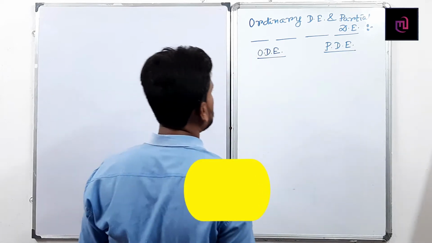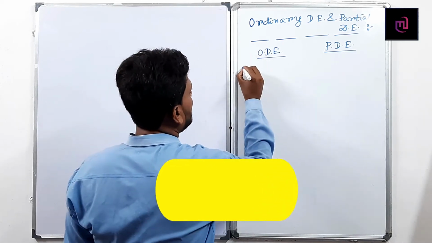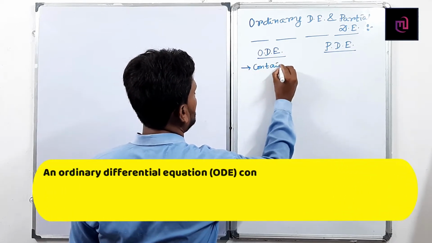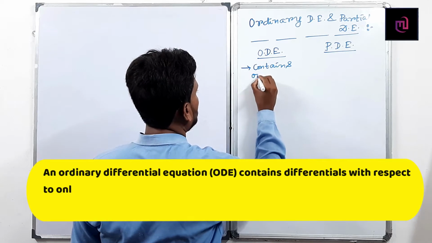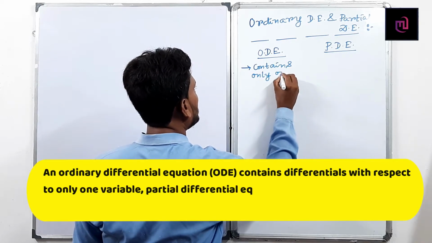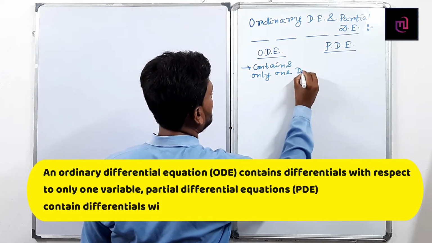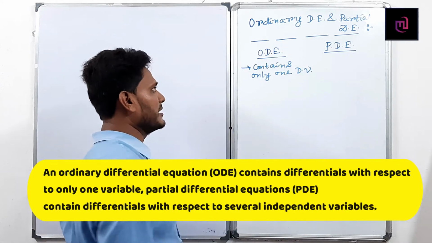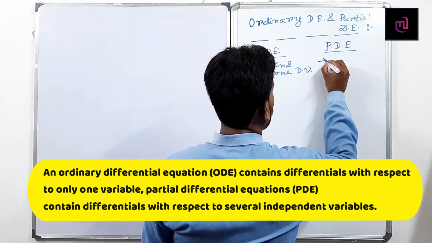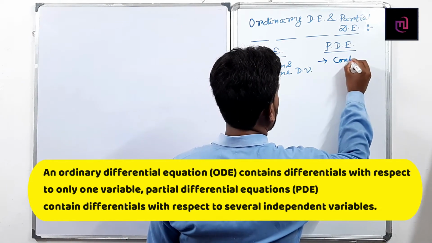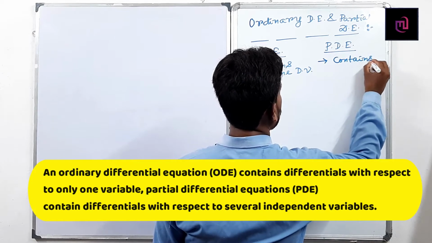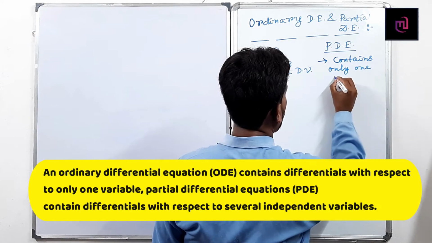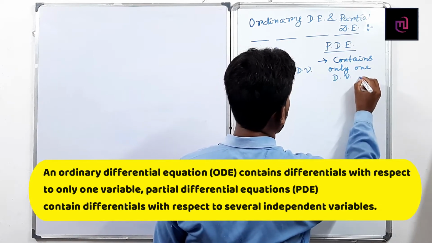In this case, an ordinary differential equation contains only one dependent variable. And a partial differential equation also contains only one dependent variable.